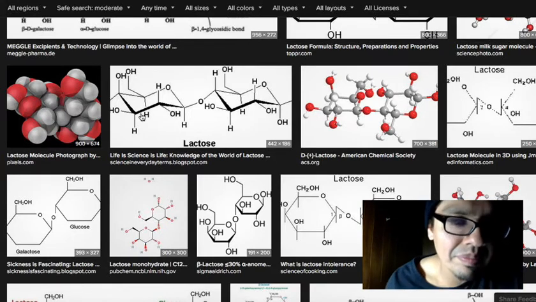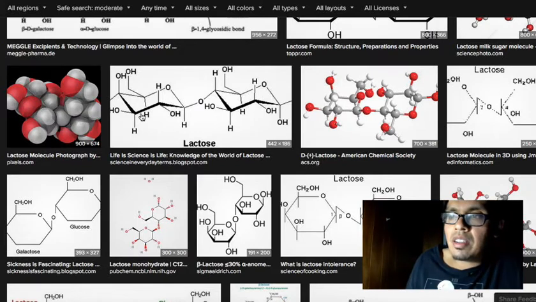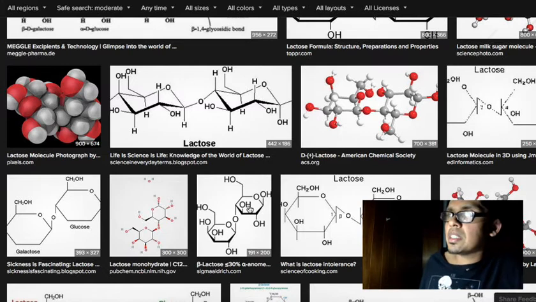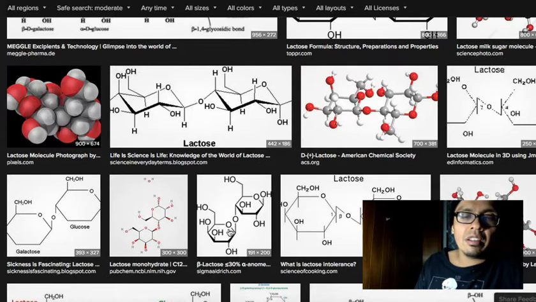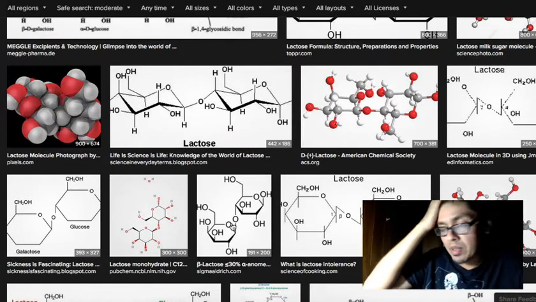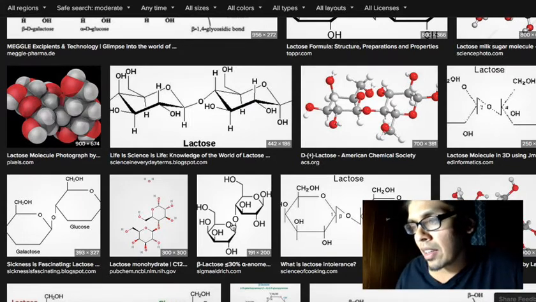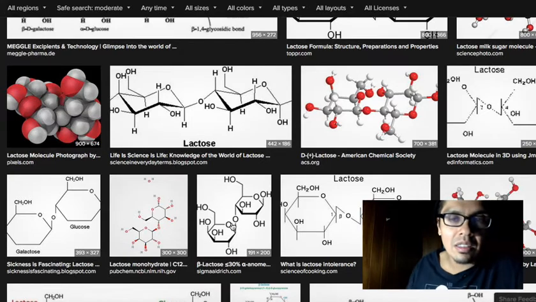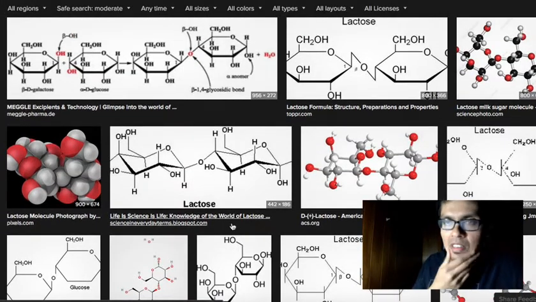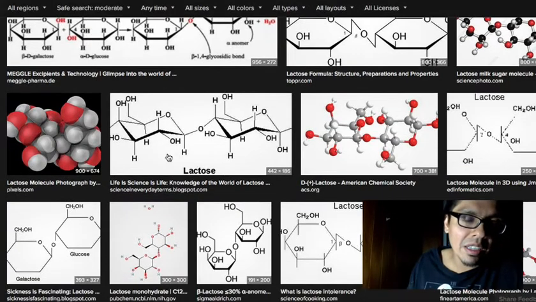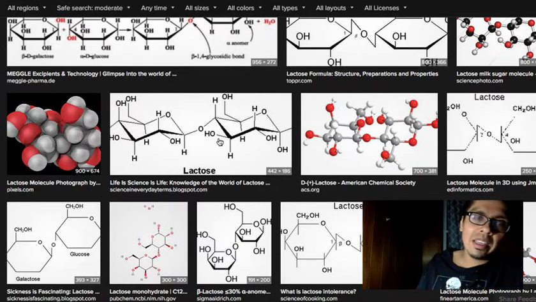Epimers are compounds that are mostly the same except for the orientation of some of their side groups, like this hydroxyl group here and here around a chiral carbon. So an epimer is basically an isomer with different stereochemistry. When these two isomers of different stereochemistry, glucose and galactose, are connected together, you get lactose.